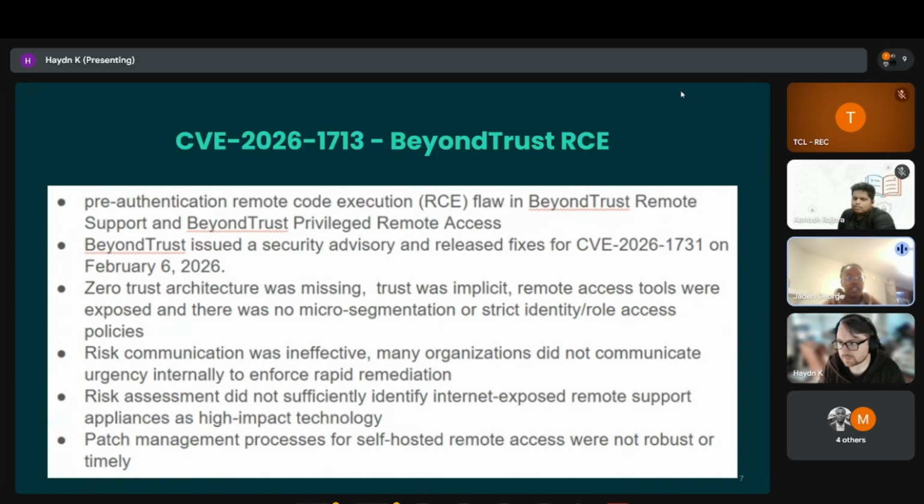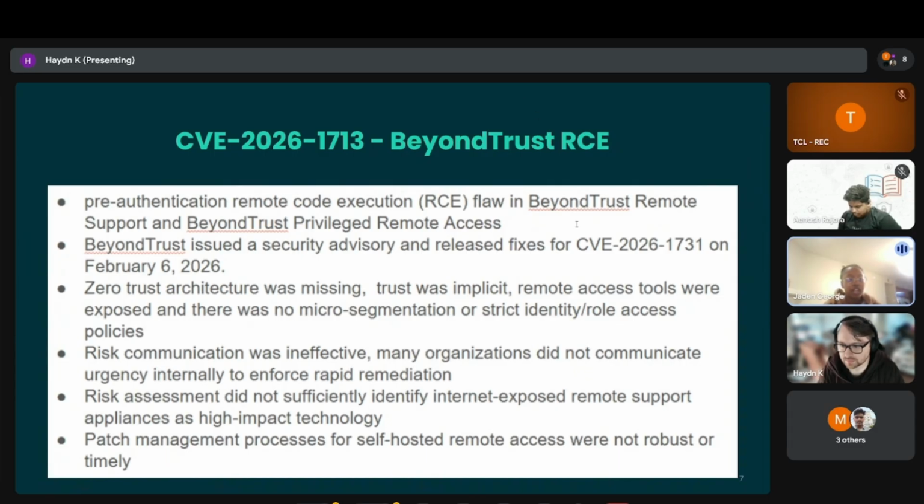An attacker can send requests directly to a vulnerable service, and it causes it to run arbitrary operating system commands without needing any valid credentials to do so. And so they issued the security advisory and released fixes for it on February 6, 2026.